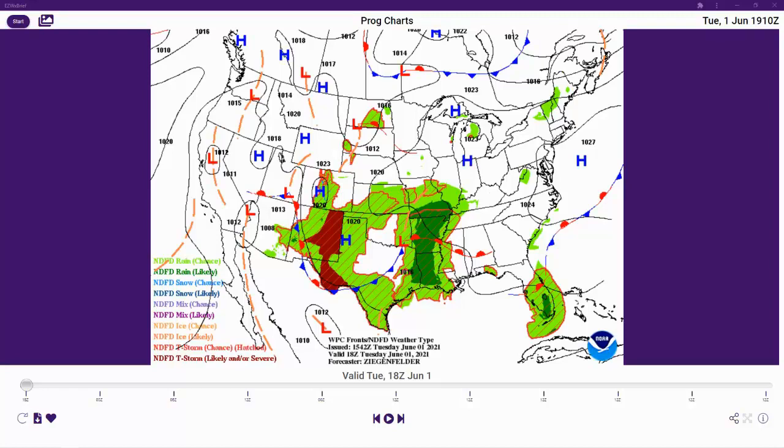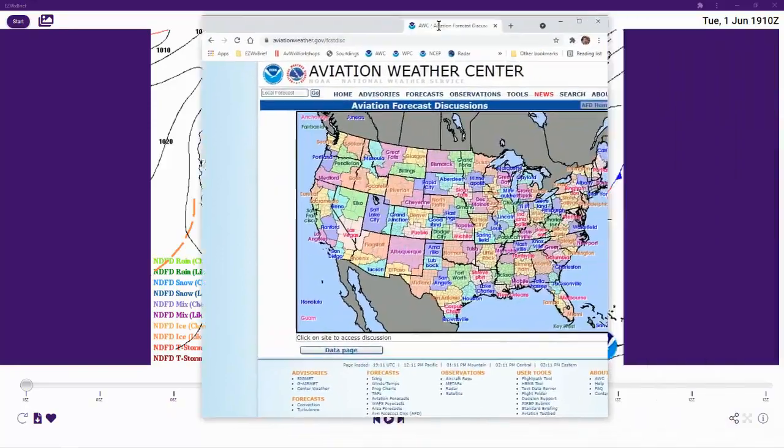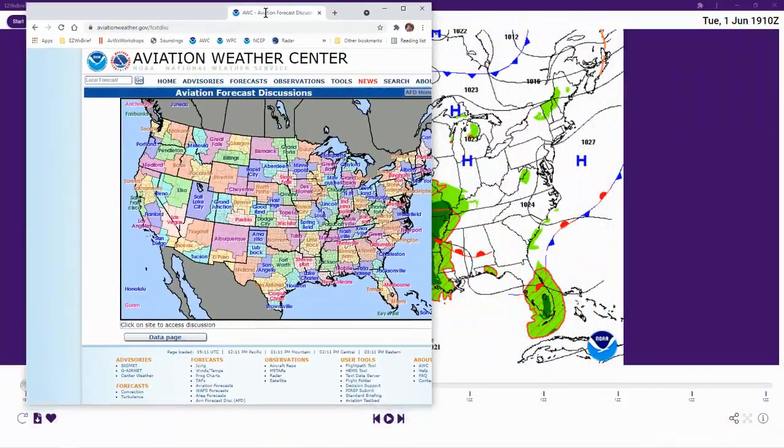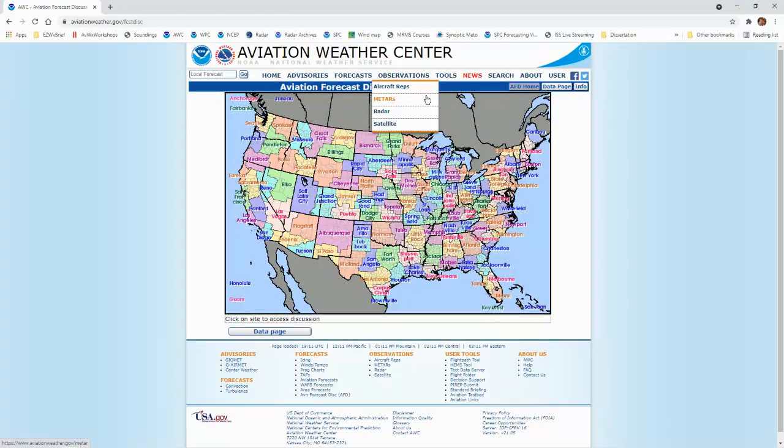And I can show you here, if you look at the Aviation Weather Center's website, and I'll pull this over, you can see that every one of those colored polygons in the U.S. is a weather forecast office. We call that a county warning area. So here in Charlotte, where I live, I'm under the Greer, South Carolina weather forecast, which is the Greenville-Spartanburg weather forecast office, and it covers a specific area.